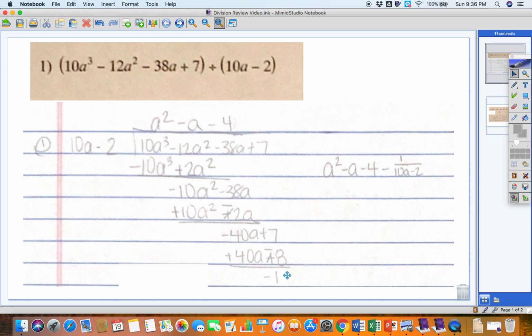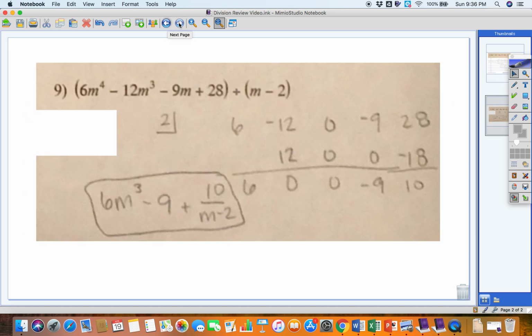So when you write that, the remainder goes over your original binomial divisor. So our answer is the quotient from here, a squared minus a minus 4, minus 1 over 10a minus 2, and that's our remainder. So next we're going to look at synthetic division.